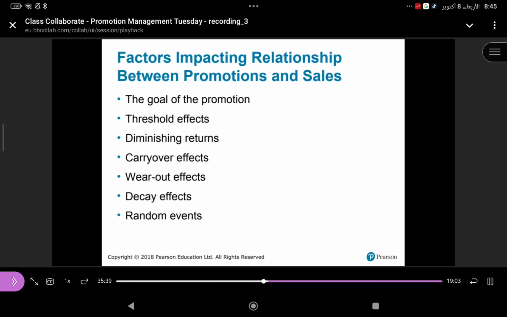Discounts like buy one, get one free often generate quick sales, but may reduce long-term brand loyalty. Non-price promotions like contests, loyalty programs, and free samples build and engage loyalty, but sales impact may be slow.